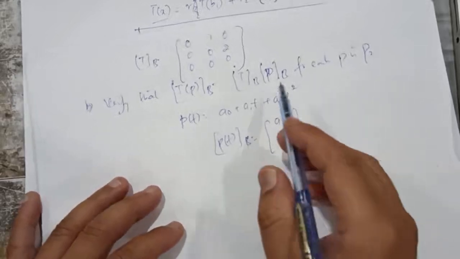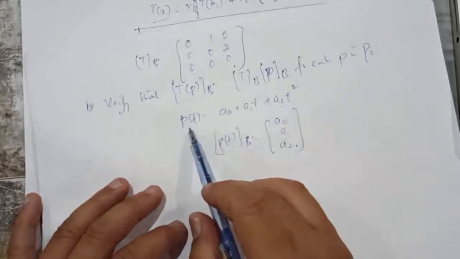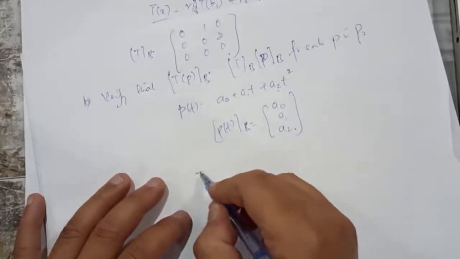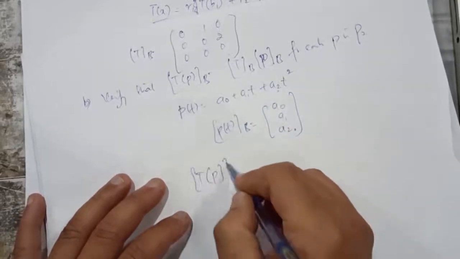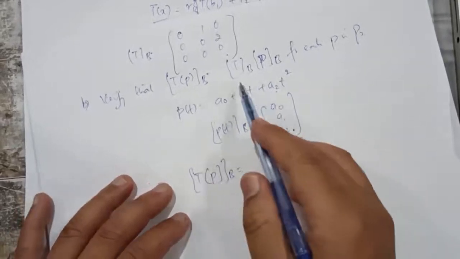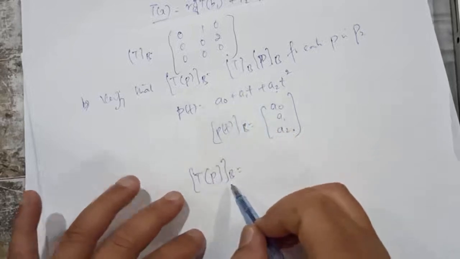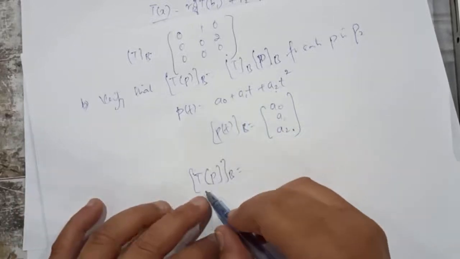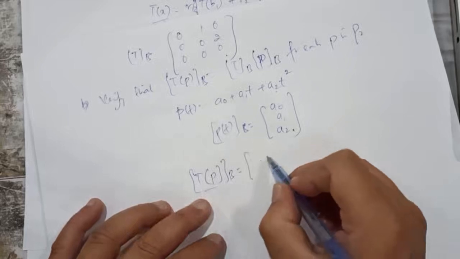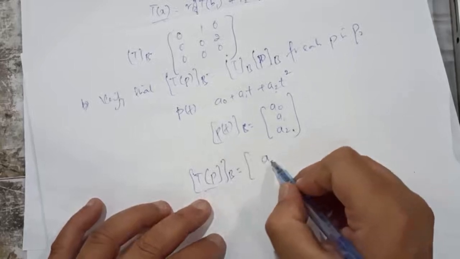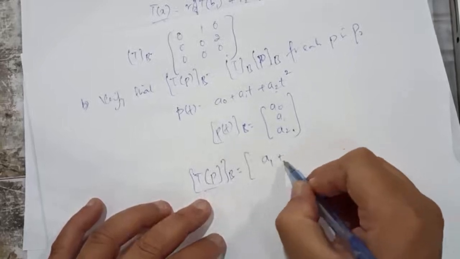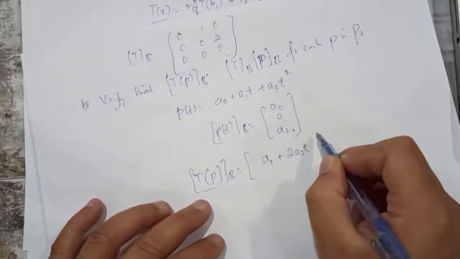Now the transformation of T of P in B, we know that we have to first derive it and then express it. So if I do the transformation first, it will be a1 plus 2a2t.